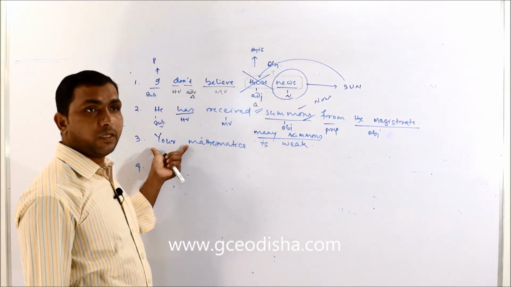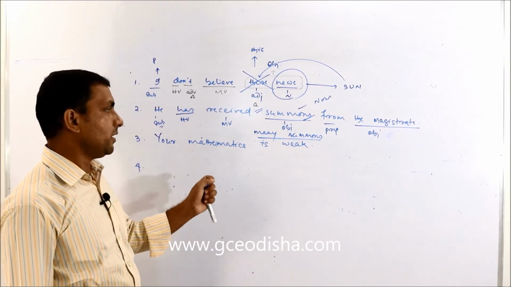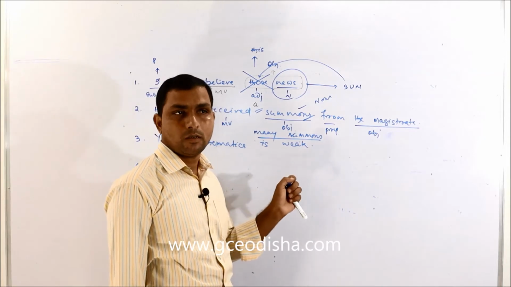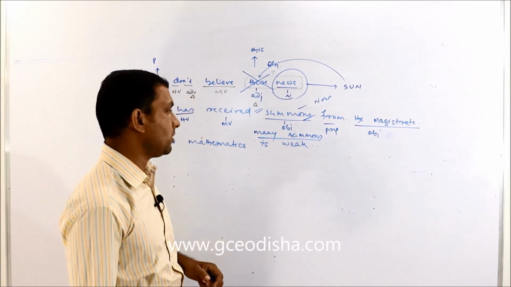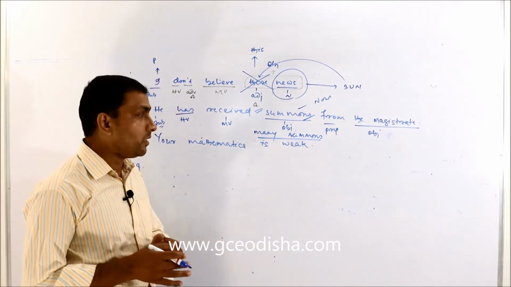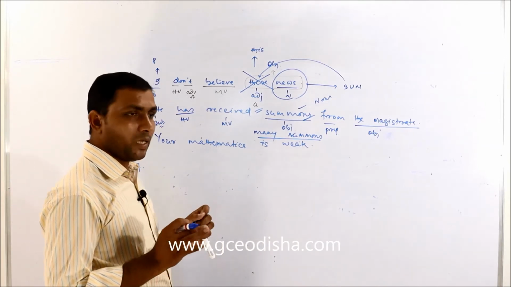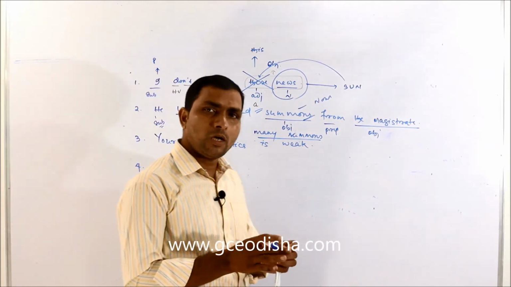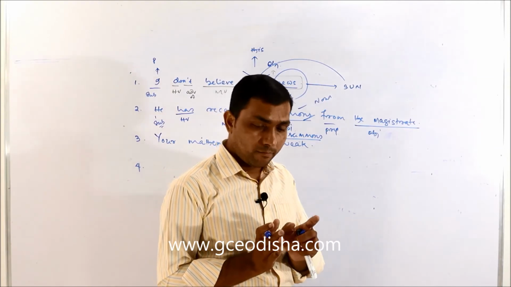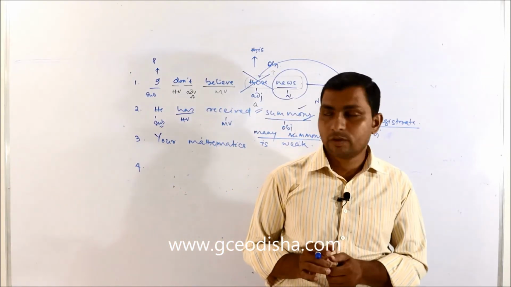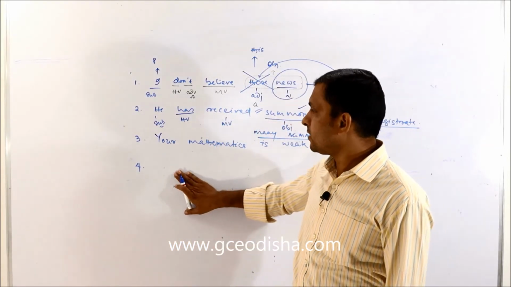In point number 3, it is written, your mathematics is weak. When I say your mathematics is weak, mathematics, no doubt, is the name of a subject. So it is singular.